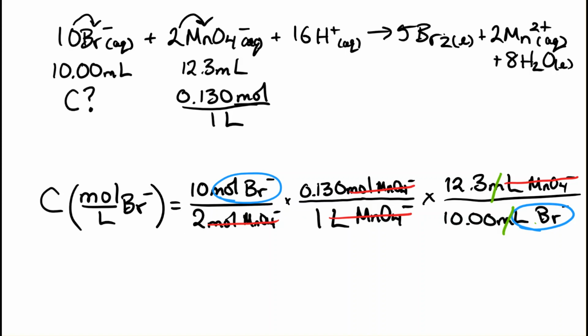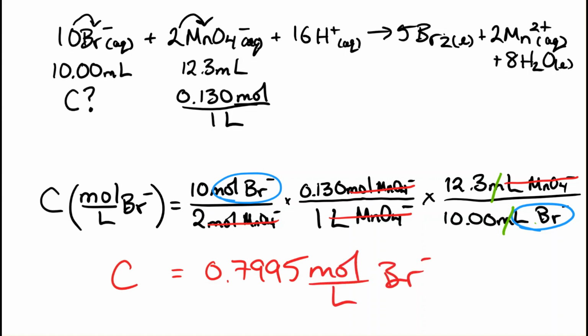You can ignore the 1 because whatever. And you're going to get a concentration of 0.7995 moles per liter of bromide ions. And if you were to write that down on your test, you would be wrong.